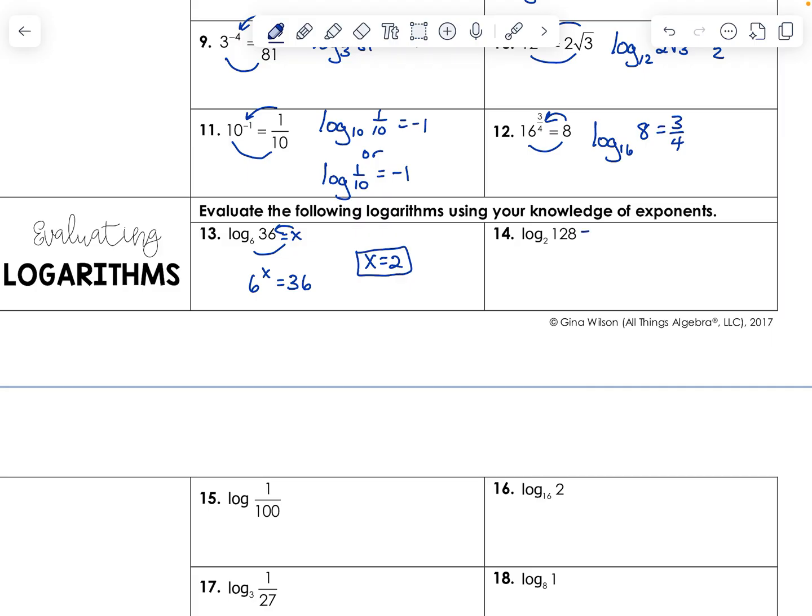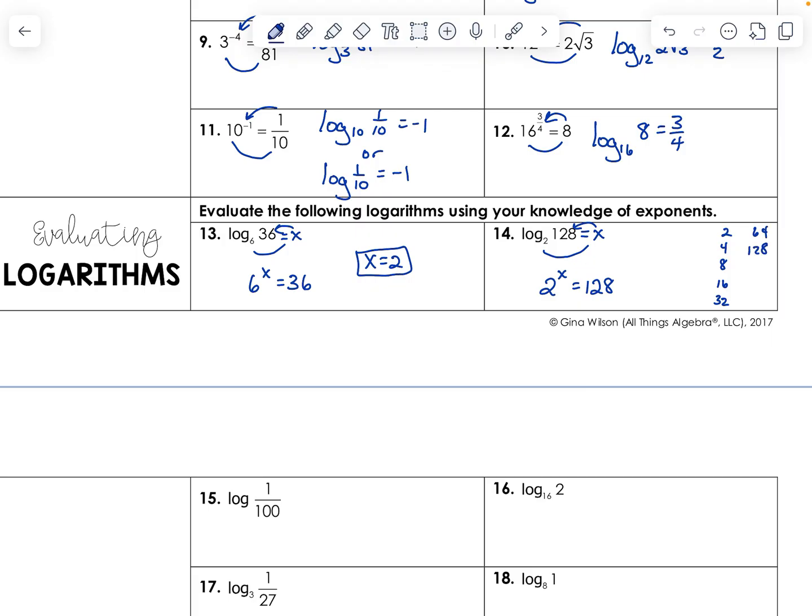Same thing with 14. I can set that equal to x. So 2 to some power is going to give me 128. We can have 2, 4, 8, 16, 32, 64, 128.